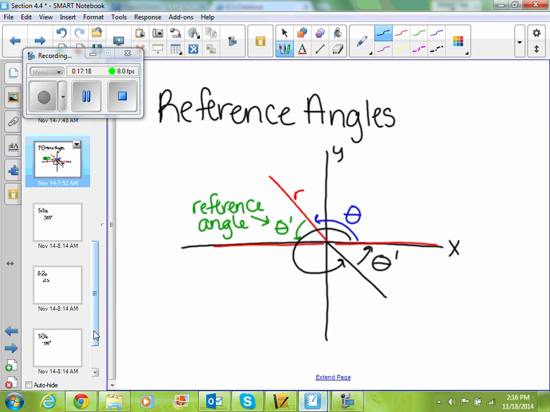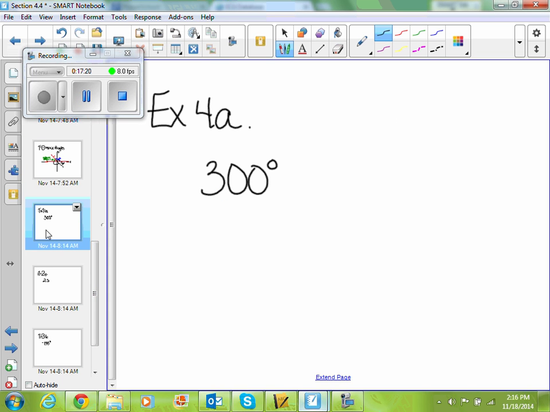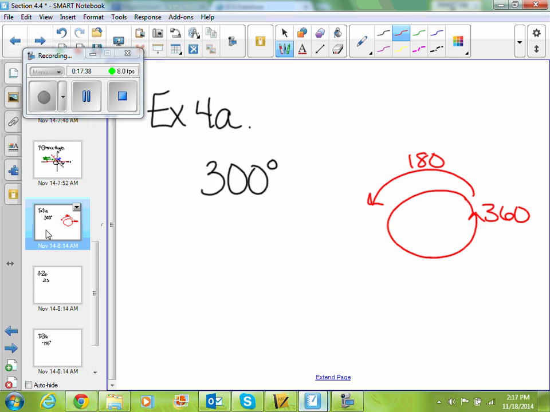Okay, I hope so. If I look at 4A, I'm starting with an angle of 300 degrees, and I need to find my reference angle. My reference angle either gets me to 180, or all the way around the circle to 360. When we're dealing with degrees, you're either dealing with 180 or 360, and we never work backwards.